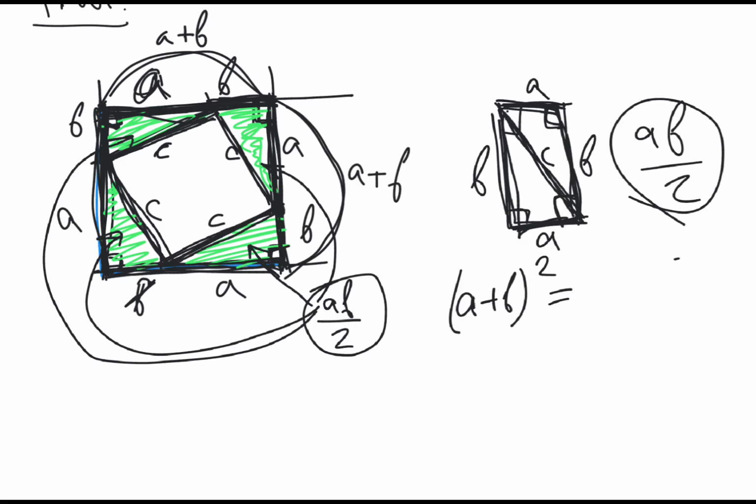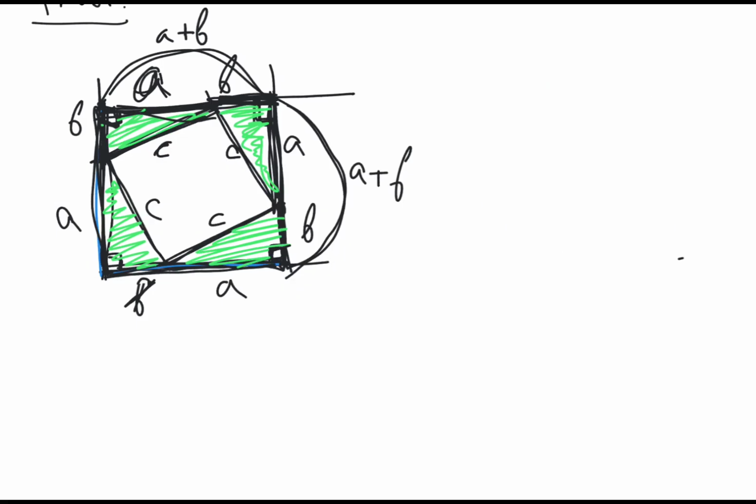So we haven't established yet that this is a square. So like this quadrilateral in the middle with four sides C and these four triangles, right? So the four triangles, their area is AB over 2, so their combined area would be 4 multiplied by AB over 2 plus the area of this quadrilateral in the center.